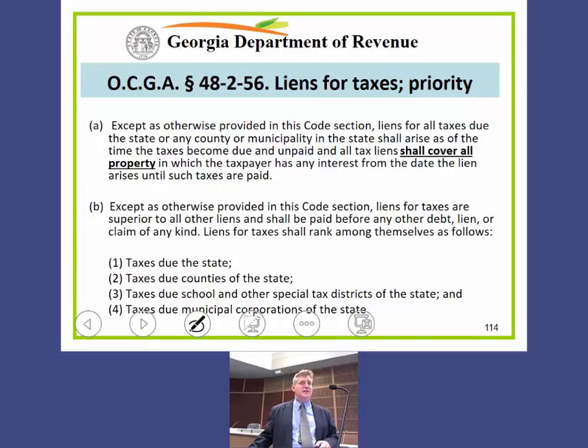However, your tax lien is going to be strongest on the property that the taxes are due on. If you levy on property to satisfy the tax debt that's property other than the property taxes are due on, your tax lien is not going to be as strong and probably not going to be superior to the liens on the other property.